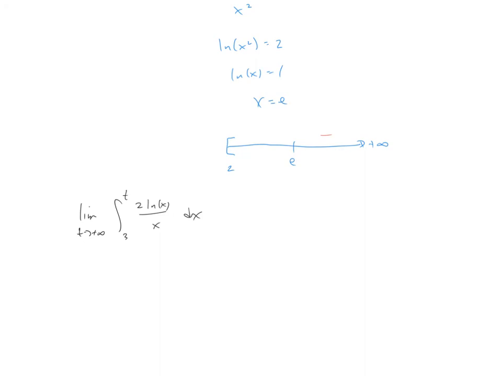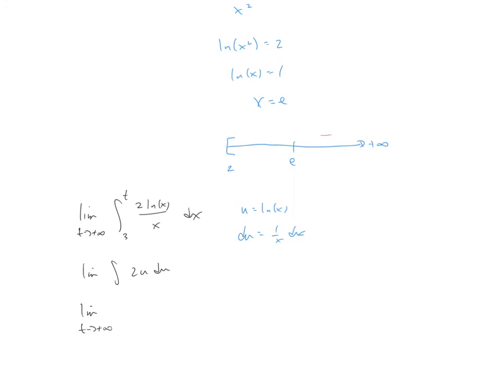Okay, so I'll go ahead and integrate now. u is going to be the natural log of x, du is going to be 1 over x dx, and I'm going to have the limit of the integral of 2u du, which again I'm not putting bounds on yet because I've changed variables.